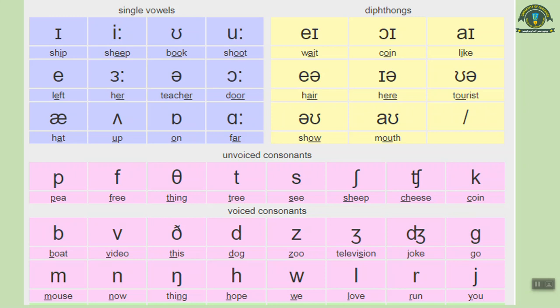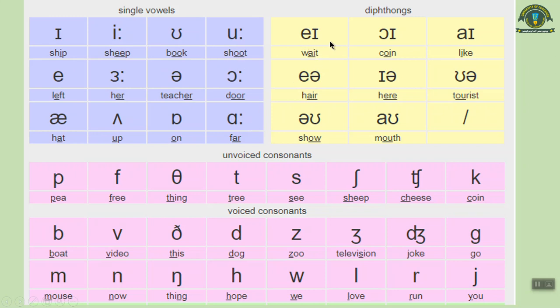Long vowels are shown that they are long through 2 dots. 2 dots show their length. So you can see that there are these 5 long vowels, these 5 symbols with the dots, and there are 7 short vowels.